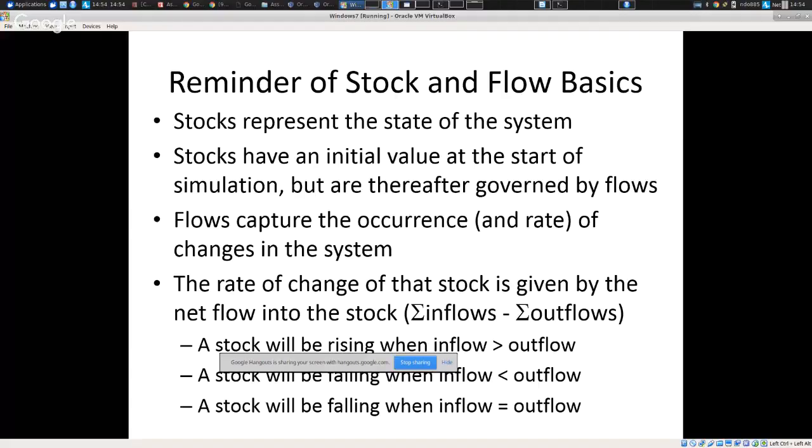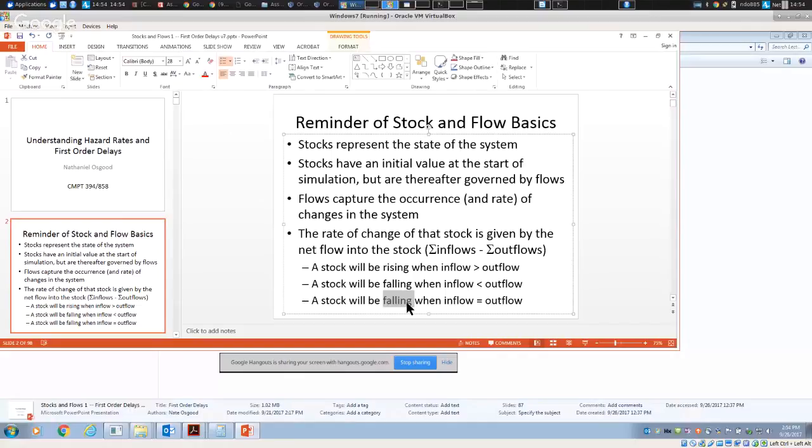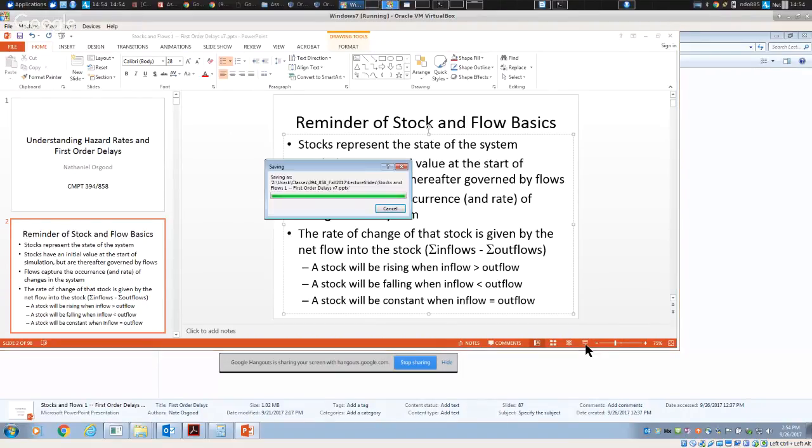And it will be constant, or static, or in stasis, it will have a fixed value when inflows equals outflows, right? It won't be going up, it won't be going down. It'll be steady. However you want to put it, its value won't be changing over time. It's going to hold a constant value. Are we clear on this?